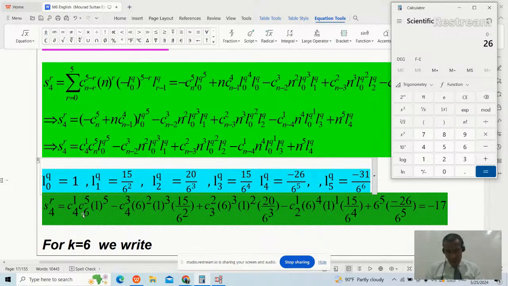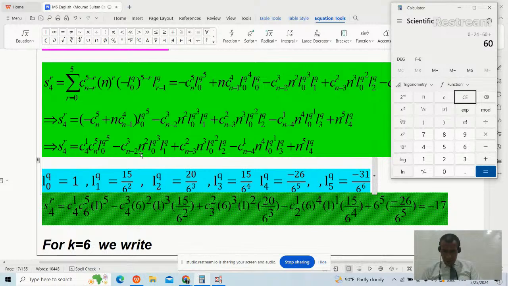We told, this is 24. I will repeat again. 24, minus 4 times 15 is minus 60. Then, learners, because this is 15, plus 3 times 20, plus 60, minus 2 times 15.